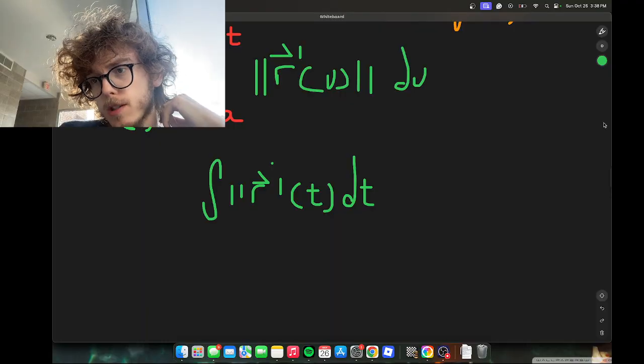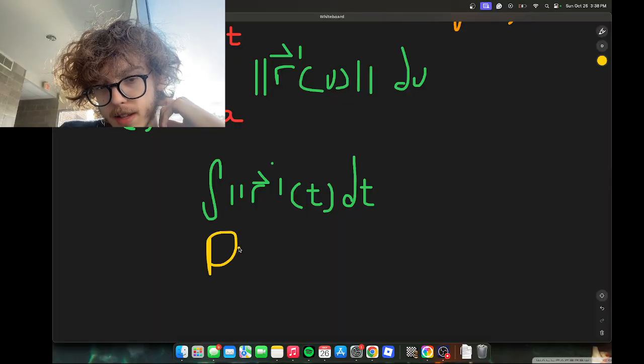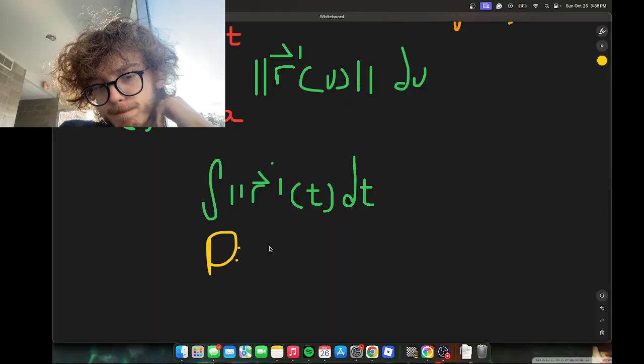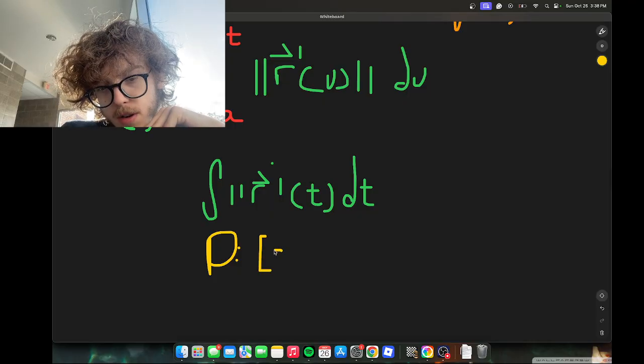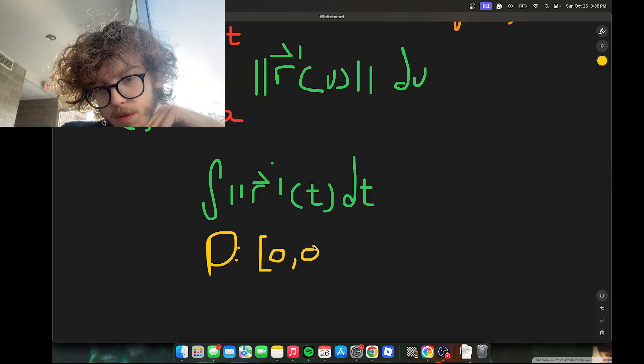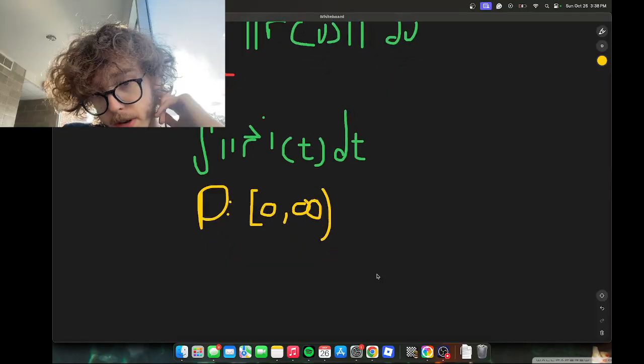So when we do this, right, let's say our function's domain is defined only from 0 and goes to infinity, right? So all real positive numbers, right?